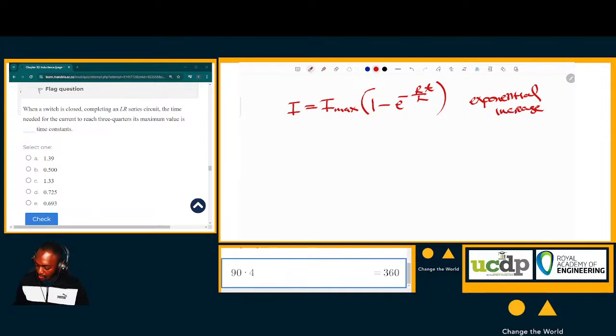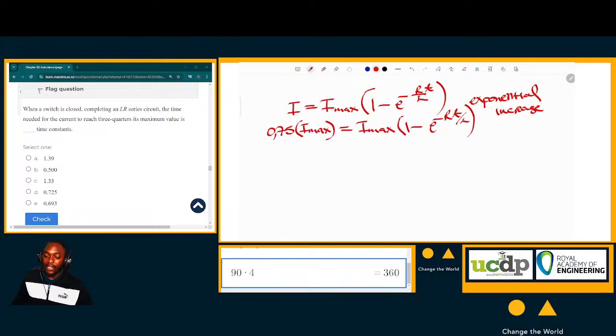And later on we'll talk about the exponential decrease. So now at the instant the circuit is closed, we expect an exponential increase. It says, what's the time needed for the current to reach 3/4 its maximum value. So we want the current to reach 0.75 of I max, which will equal I max times 1 minus exponential negative Rt over L. So this will be our equation.